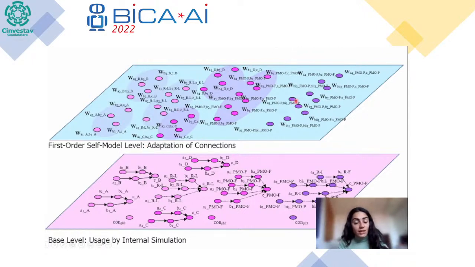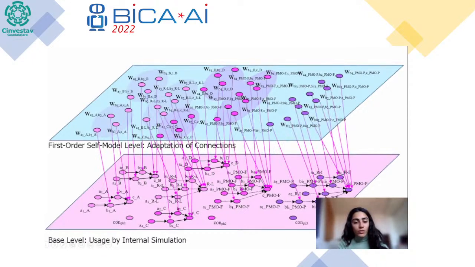These W states work like intra-level connections. You can see for each individual we have 4 different connections, and that's why we have 4 different W states here representing all the connections.